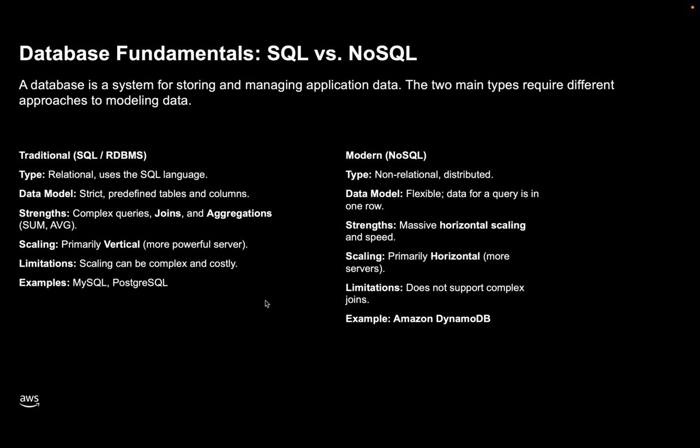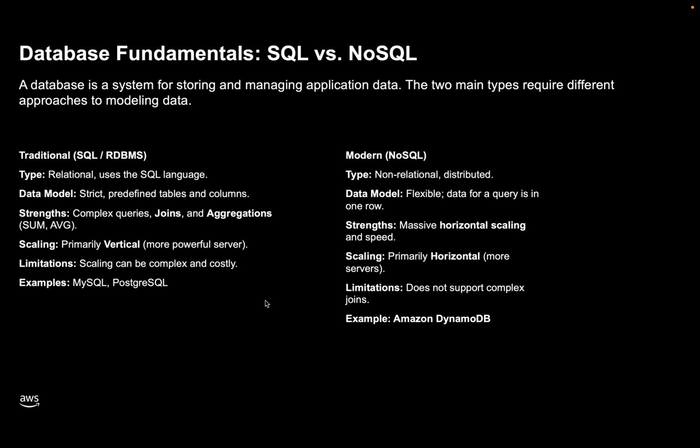That's the reason we don't go with complex queries in a NoSQL database. Still, it supports some SQL queries, like the select from where commands, which are used to get results from the tables. Examples of traditional databases are MySQL, PostgreSQL, MS SQL Server, etc. And in the modern database, we have our ongoing discussion on Amazon DynamoDB. Okay, this is the major difference between the traditional and the modern database.